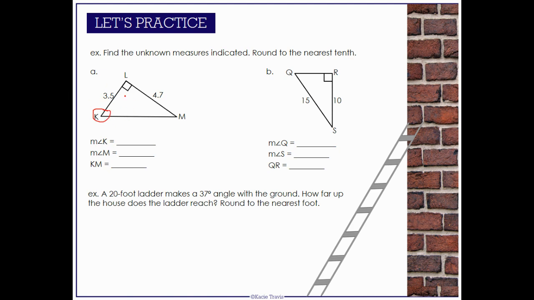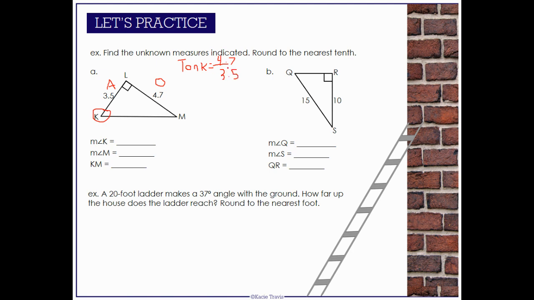Based off of K, 4.7 is my opposite side. 3.5 is my adjacent side. So for this, I want to do the tangent of angle K is our opposite side, which is 4.7, over my adjacent side, 3.5.